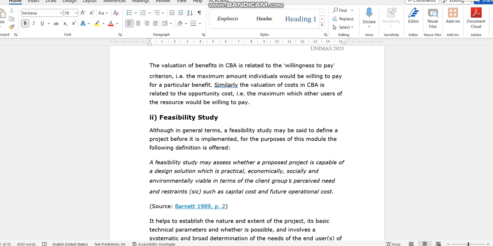So a feasibility study is defined as a study to assess whether the proposed project is capable of a solution that is practical, technically doable, economical, socially and environmentally viable, and how it meets the client's perspective, what kind of benefit it will bring, and what type of future operation cost you need to think about versus any other cost in monetary and non-monetary terms, and of course the funding of the project, the sponsorship of the project, and also the profitability of the project.